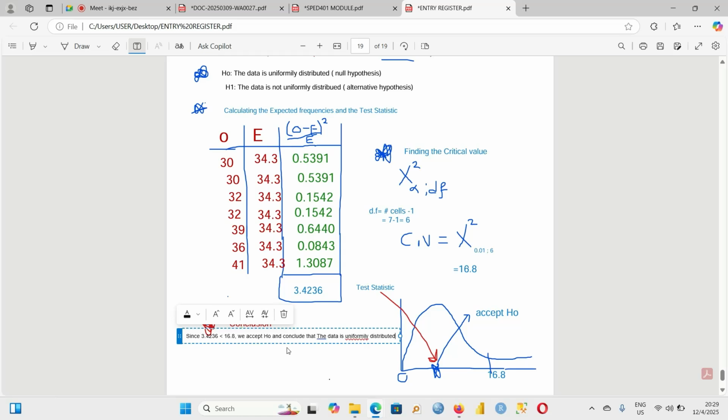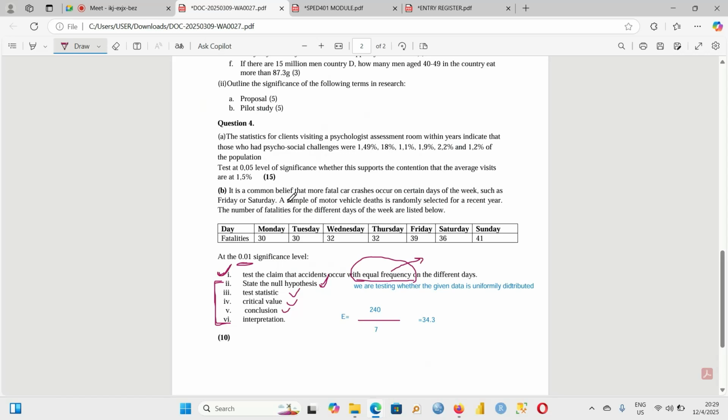The data is uniformly distributed. So this is the conclusion. Then finally, the interpretation.